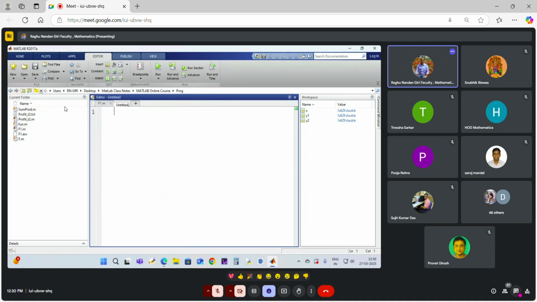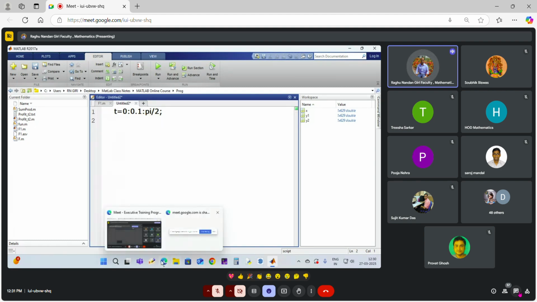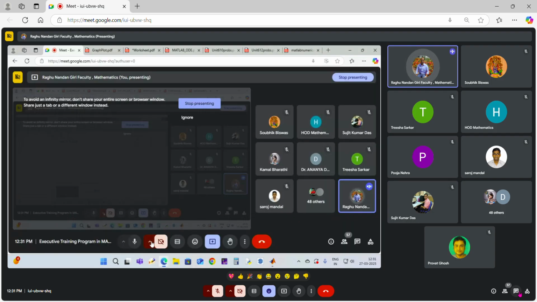So I come to the next, the polar graph. For the polar graph, same way, suppose t equal to 0 colon 0.1 colon pi by 2. I want the polar graph of a spider.